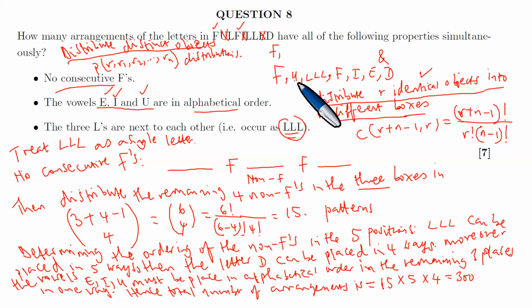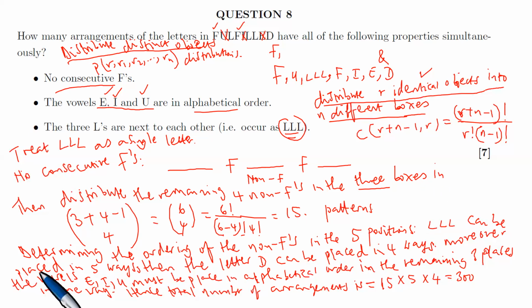How many non-Fs are there altogether? Okay, so somebody counts U, I, and E as one thing, because they must be together. They must be in alphabetical order. And obviously you have the L too, and you have the D. And now they must be put in the 3 boxes.